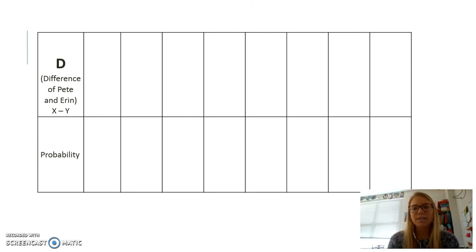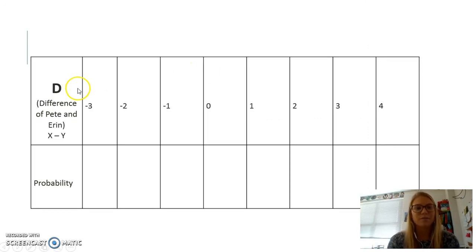So I want to help you fill in the top values. That's going to be every possible difference between Pete and Erin. Like I mentioned, what if Pete only has 2 people, but Erin's over there with 5 people? 2 minus 5, we get negative 3. 2 minus 4, negative 2. 2 minus 3, negative 1. 2 minus 2, 0.